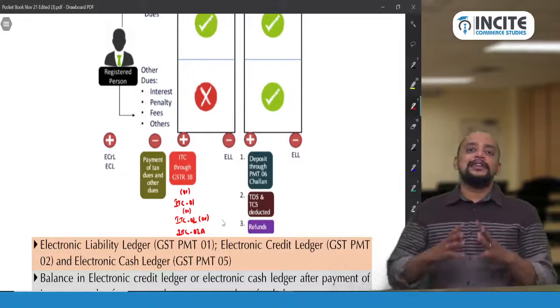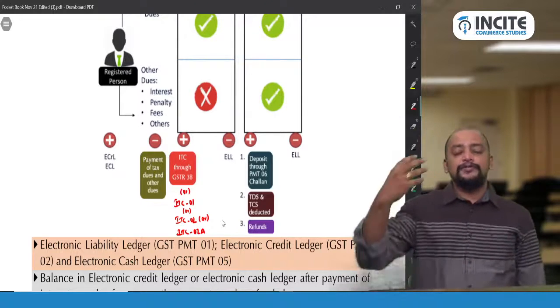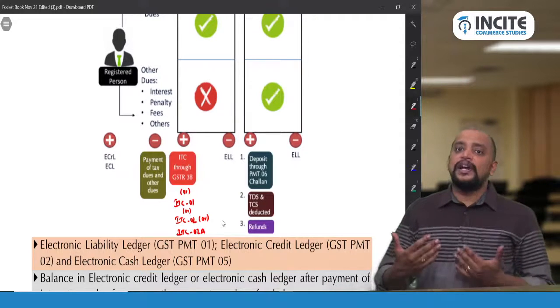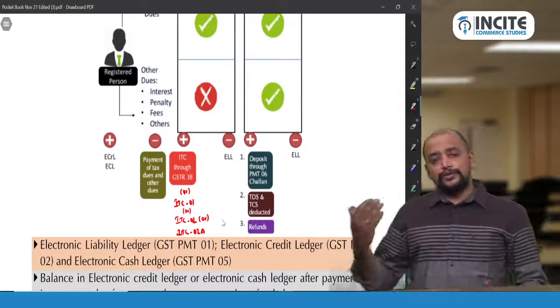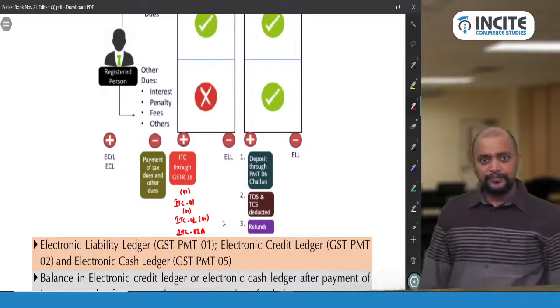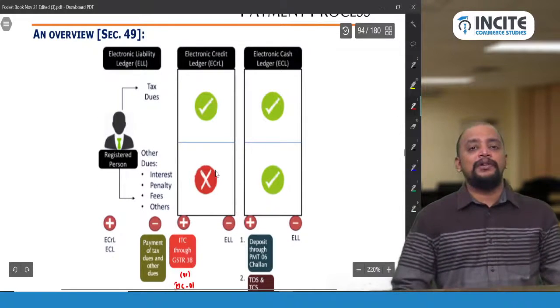ITC-02A is where a single registration gets separated into multiple registrations, so from that single registration, credit will be transferred. So the electronic credit ledger will get funds not only through 3B but also through ITC-01, ITC-02 and ITC-02A. And the balance in the electronic credit ledger can be used only for payment of tax dues.